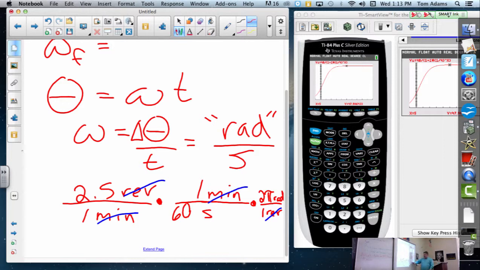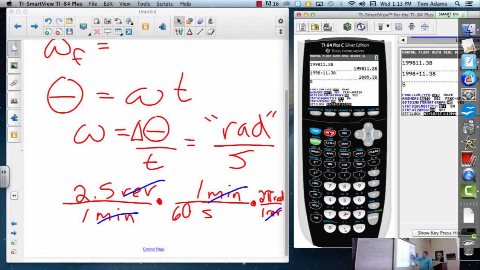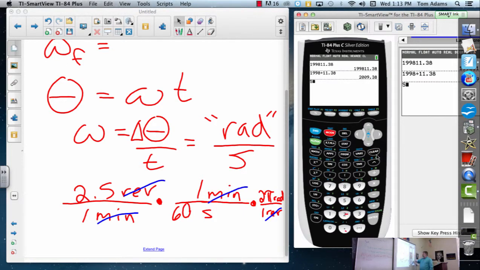So I'm going to take 2.5, whoops, gotta put my marker back. Let's clear this out. 2.5 times 2 times pi. And then we're going to divide all of that by 60, right?